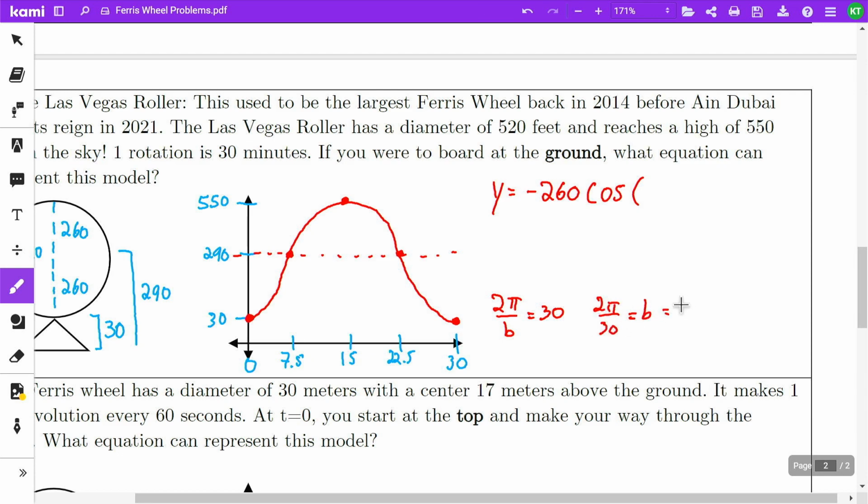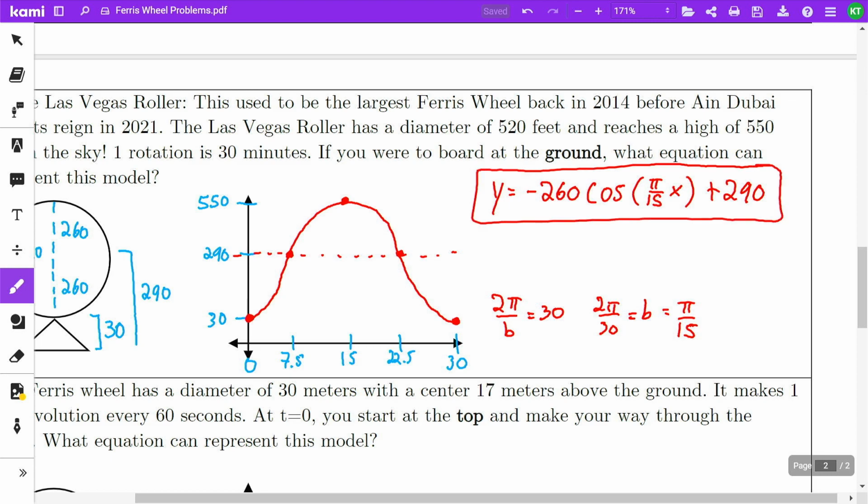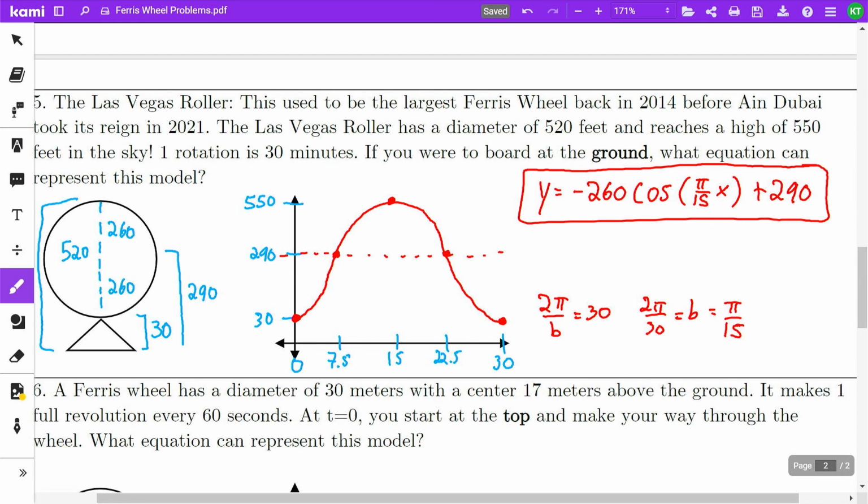So my b is going to equal pi over 15. So I'll have pi over 15 times x plus my vertical shift, or my midline, which is 290. So this equation right here would represent my scenario going on with my Ferris wheel.